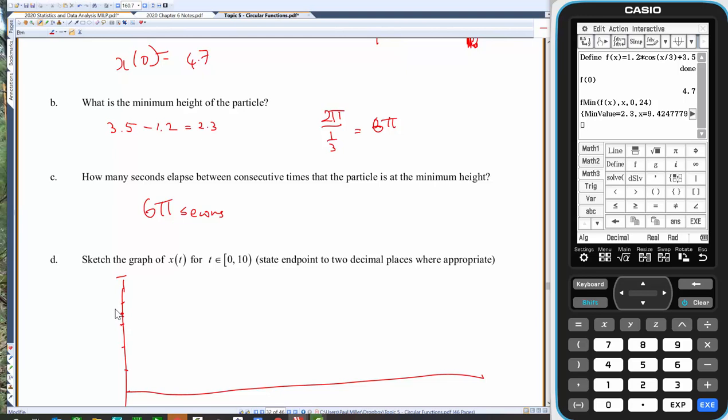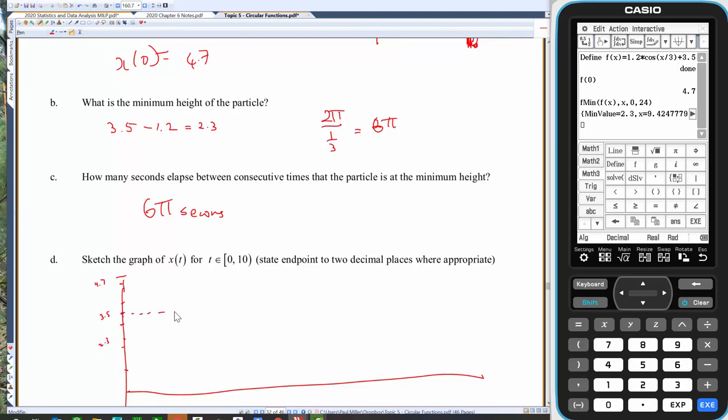So there it is there at 3.5. And we've got this 1.2, so 3.5. This is 4.5, here is 4.7. Here's 3.5, 2.5, 2.3. So 2.3 is somewhere down here.